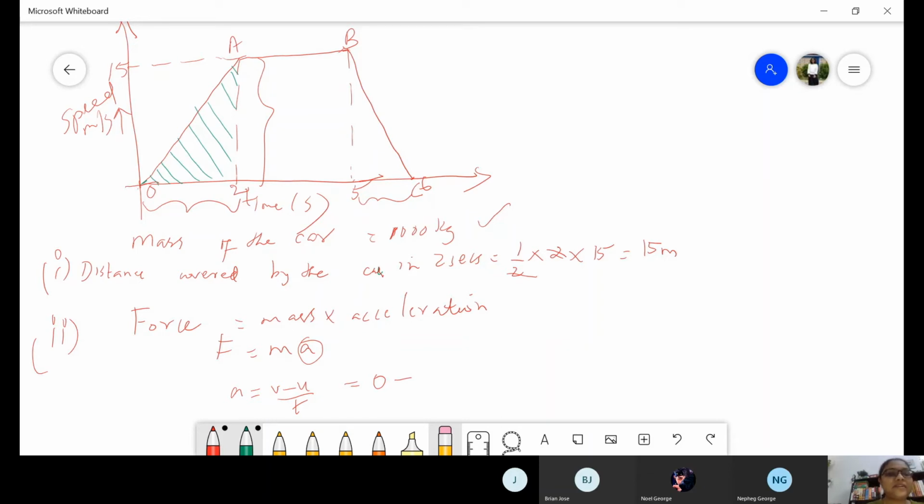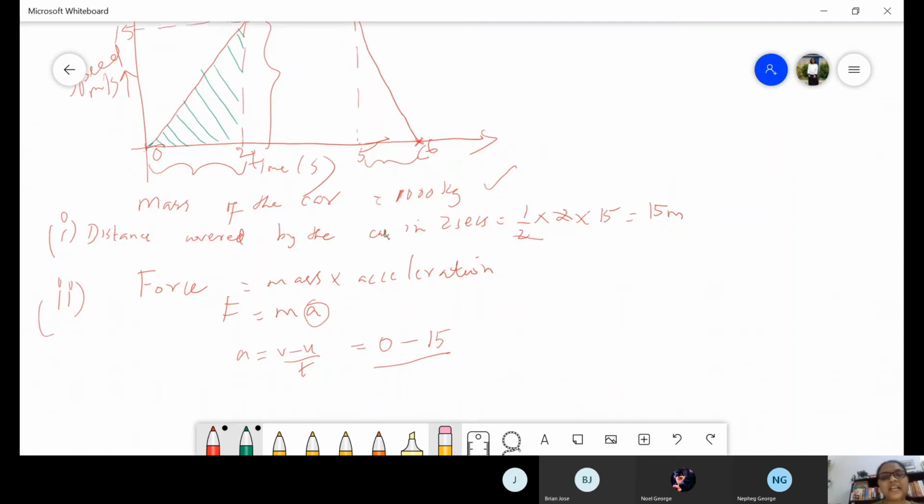So initially the velocity of the car was 15. That means at the point B it was 15, and then after 6 seconds it becomes 0. So what will be the initial velocity? It was 15 meter per second. Because at the point B, the velocity was 15. And when it comes to rest, the velocity will become 0.